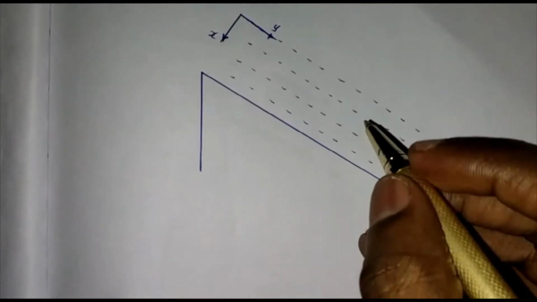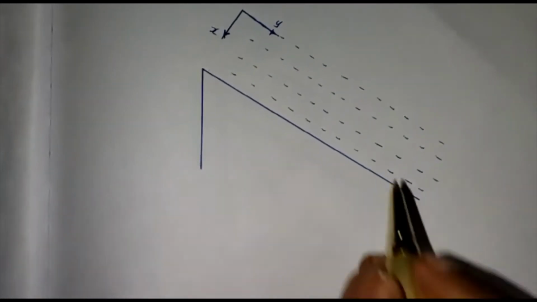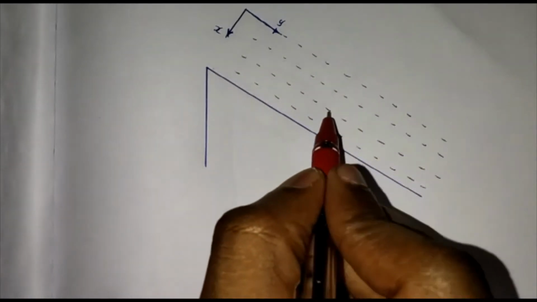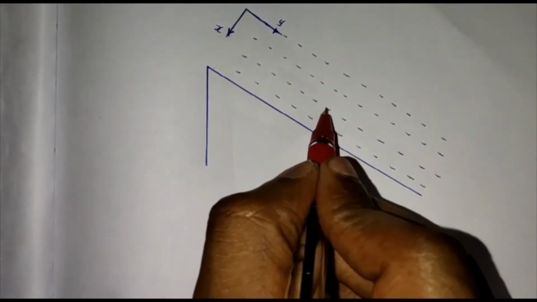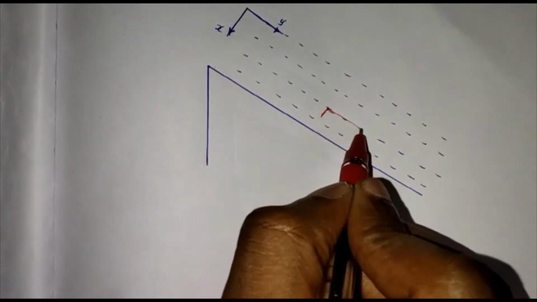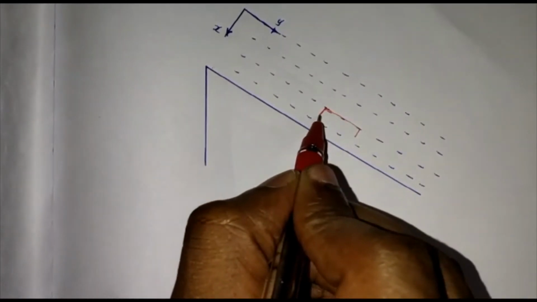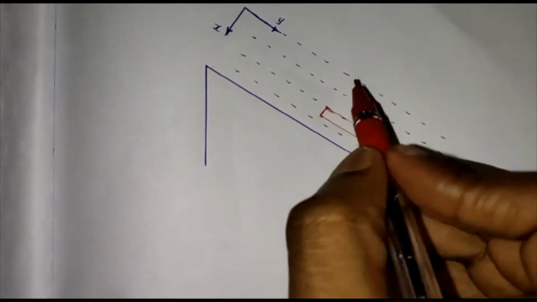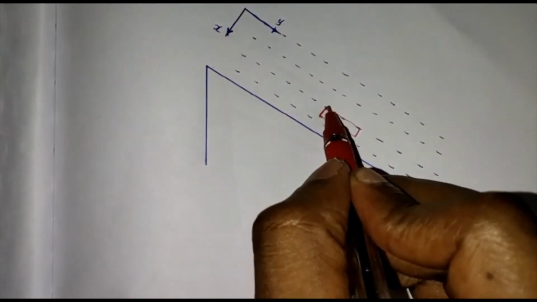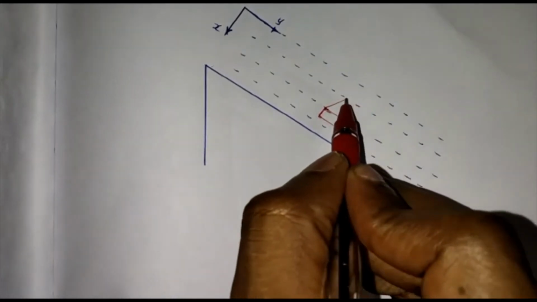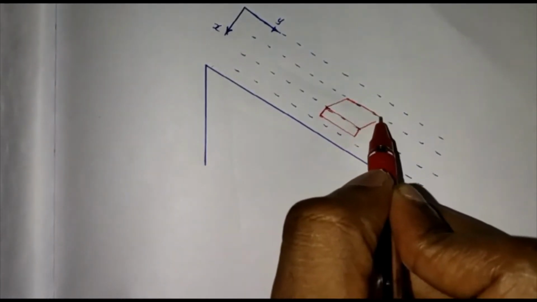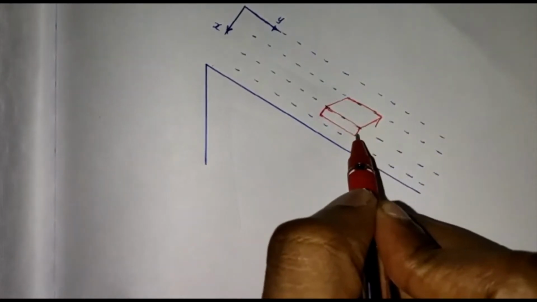Okay, now I'm going to consider a small layer. Look at the small layer I'm going to consider. I will use this red pen, red color. I'm going to localize my attention, to focus only on this small layer. I'm trying my best to represent a three-dimensional view of this small layer.